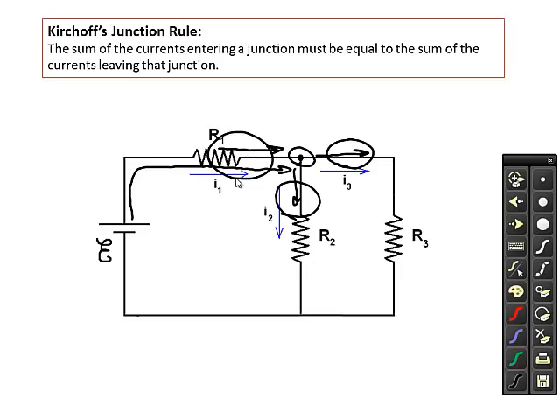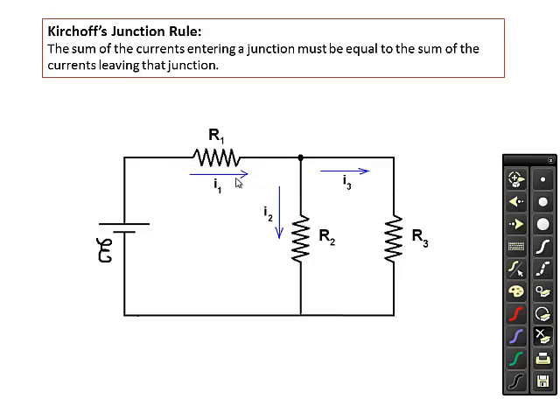Now that means there's a very simple equation here. Anything entering a junction we'll call positive. Anything leaving a junction is takeaway, is negative. So for this particular junction, we'd say I1 minus I2 minus I3 equals 0.